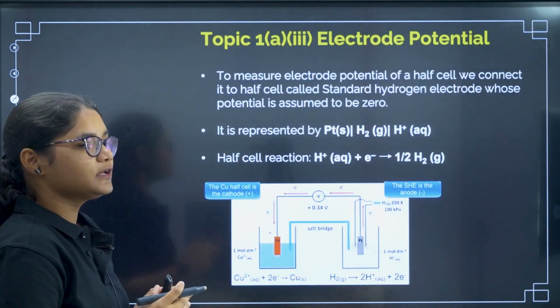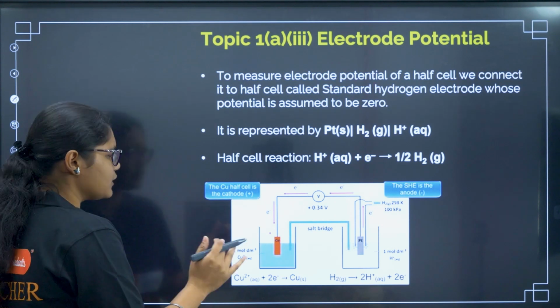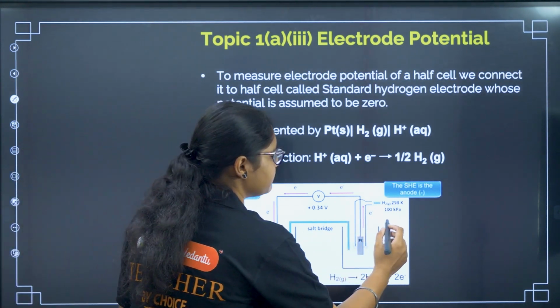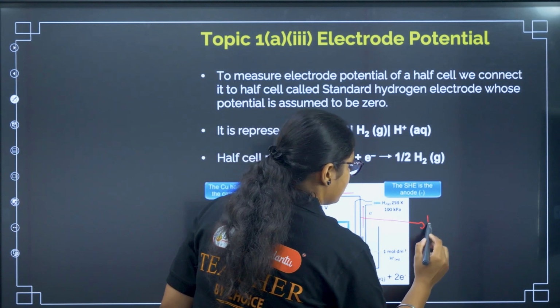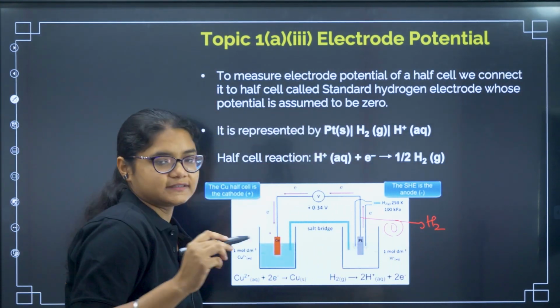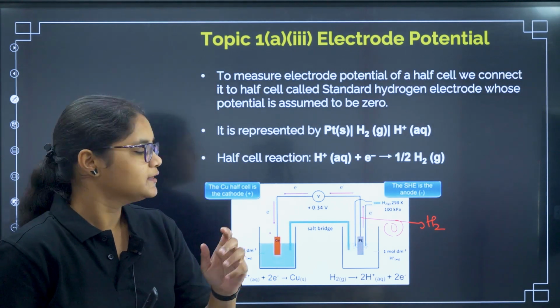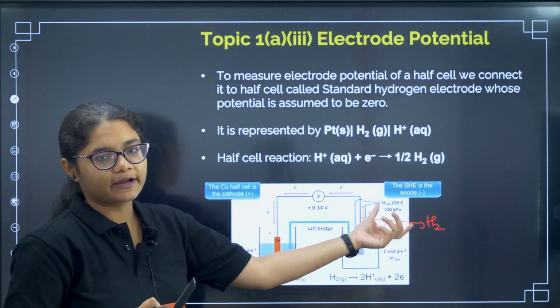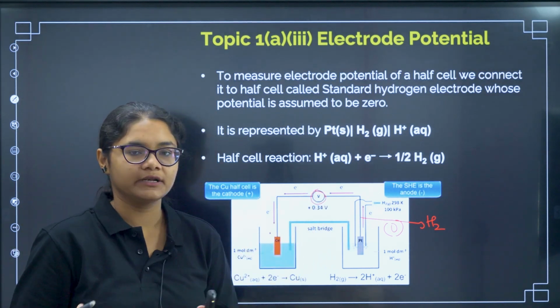Now coming to the next thing, how will you measure the electrode potential? On one side we take the hydrogen electrode, and the hydrogen electrode potential is considered to be 0, just as a convention. Suppose I want to measure the electrode potential of zinc. I will keep zinc against the hydrogen electrode, and then read the voltmeter to see what potential is coming.